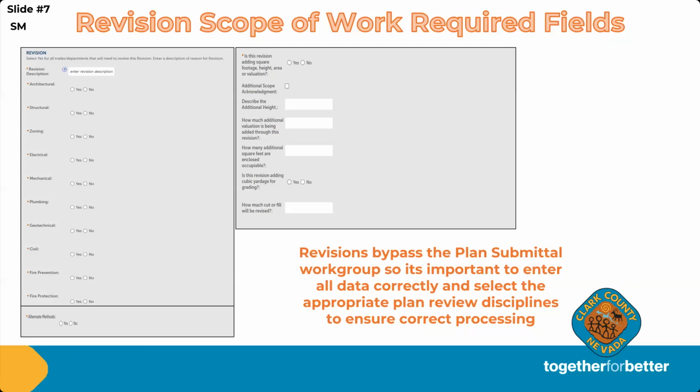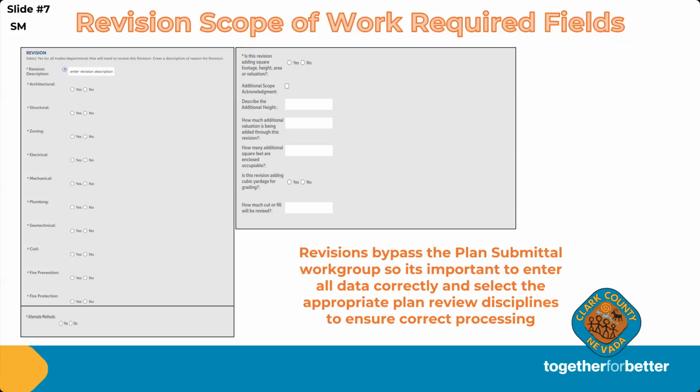And to make sure that none are skipped, we have programmed it so you have to actually say yes or no. So you have to go through and say no on anything that doesn't apply. But you want to make sure that you do accurately select the review that is required. Because if the review is skipped, say you didn't select zoning and they were a required review of this change, then the revision, if it gets approved, zoning hasn't approved it, you might have to submit another revision to gain their approval.